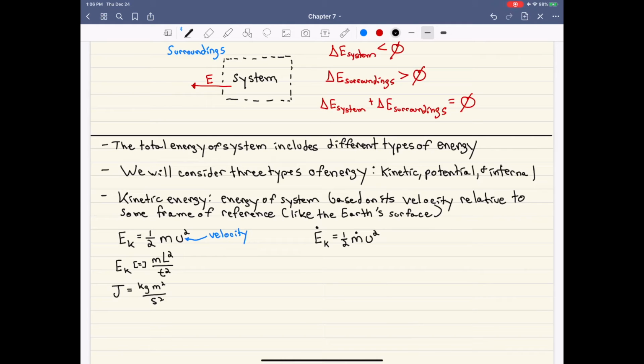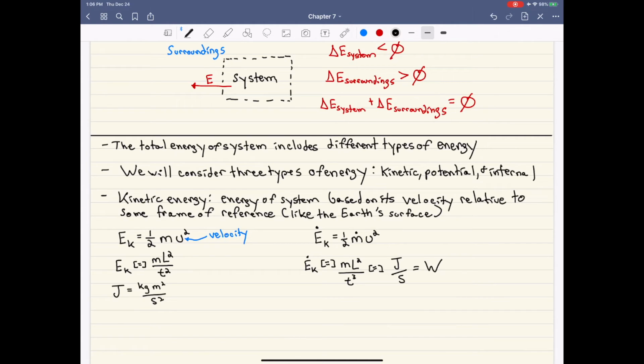And so here, if we consider the dimensions of our kinetic energy rate, what we'll have instead is mass times length squared over time cubed. All right? And so if we're dealing with SI units, what we could conceivably end up with is joules per second, right? Which is equal to a watt.